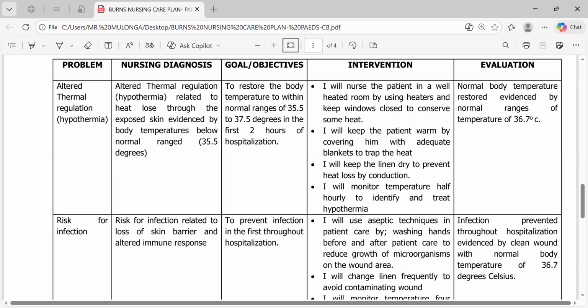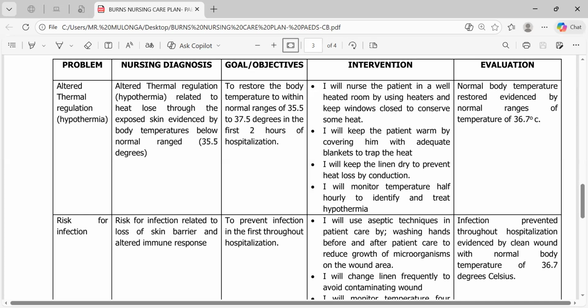Okay, that's the first thing. We want to ensure that the child is being nursed in a well-heated room. Number 2, I'll keep the patient warm by covering him with adequate blankets to trap the heat to restore body temperature. That's basically the rationale.